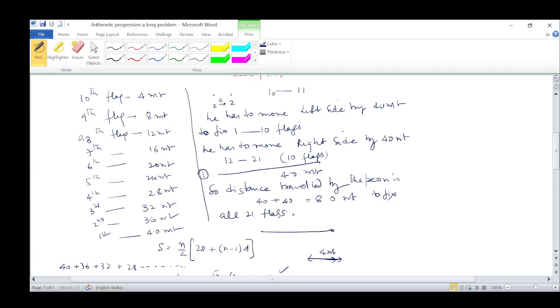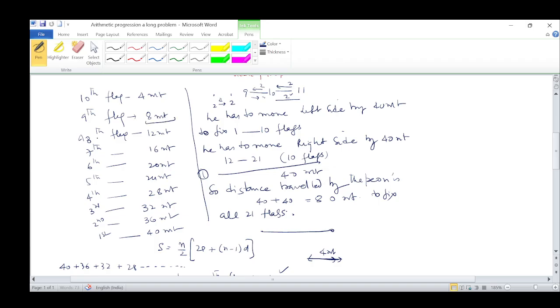He will go to the 10th flag, 2 meters, and then come back 2 meters to collect another flag. So the total distance travelled between two flags is 4. For the 9th flag he will again go 2, so it is 4 and it is already 4. So from 11 to 9 it is 8.